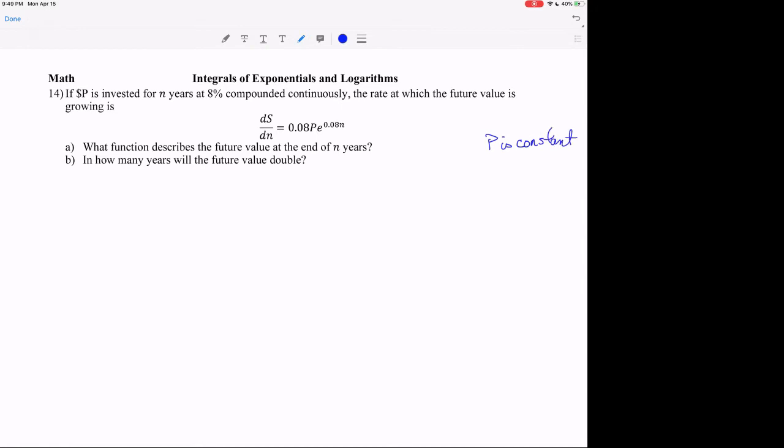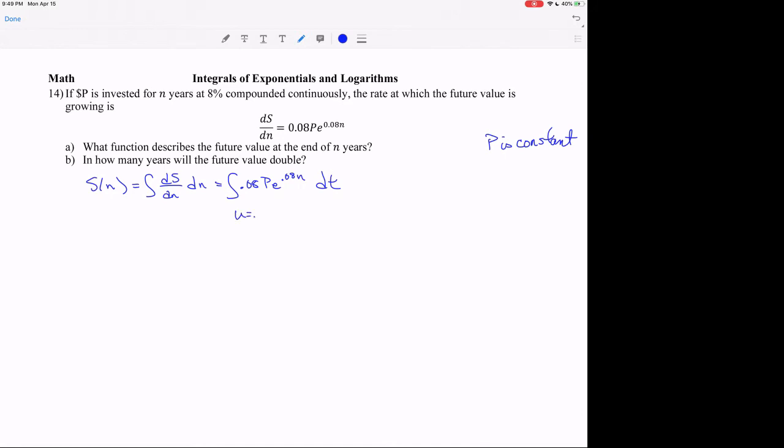So that means that p is a number. All right, so s of n is the integral of ds dn, which is the integral of 0.08 p e to the 0.08 n dn.